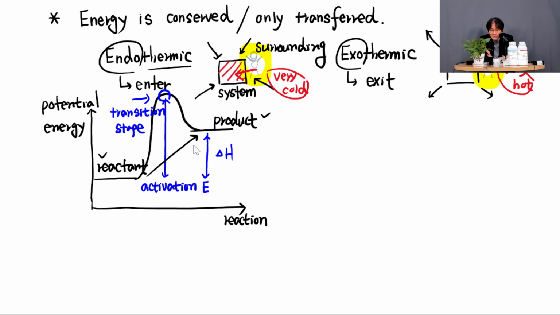So that's why this matters for an endothermic reaction. The potential energy of the chemical bonding of the reactants and the potential energy of the chemical bonding of the products, which one should be higher or lower? We can see endothermic reaction and exothermic reaction.